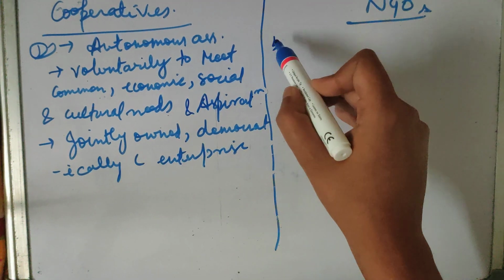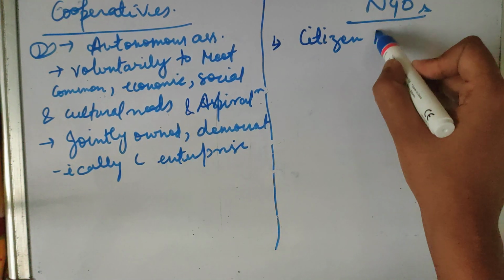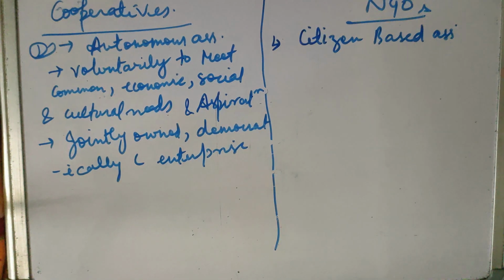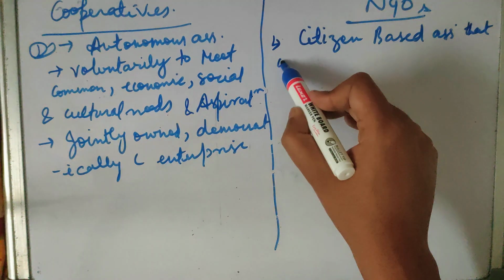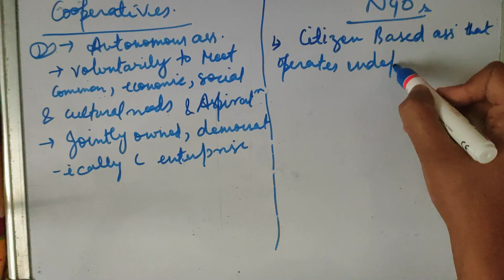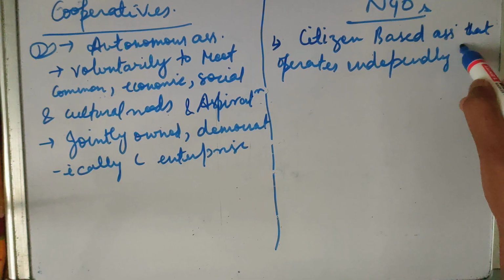Whereas an NGO is a citizen-based association that operates independently of government.